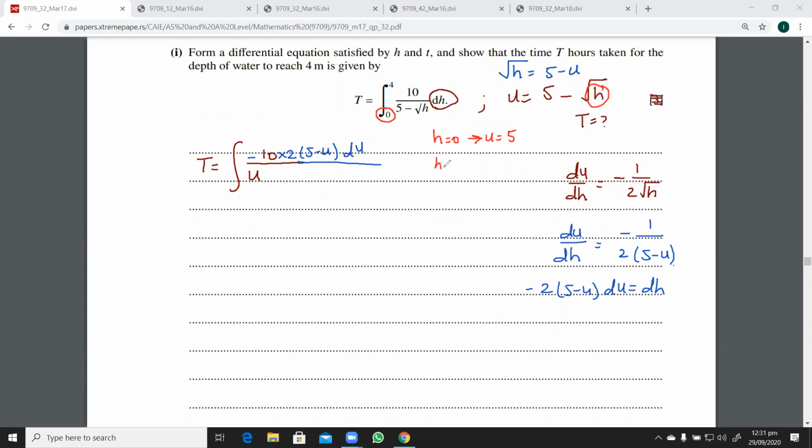When your h is 4, what will be u? That will be 3. So this is limit from 5 to 3, okay? Now I'll be writing this minus 20 here. This is limit from 5 to 3, and this is 5 minus u over u, and this is du.